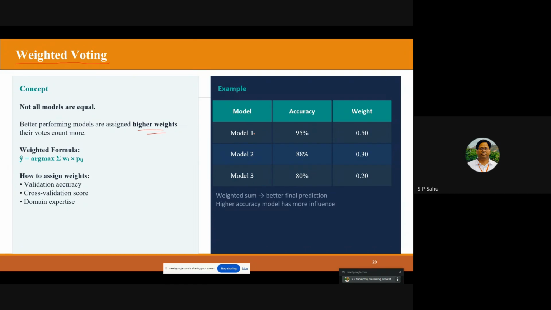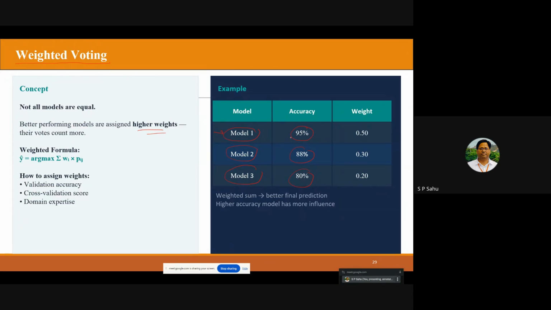For example, model 1 has given accuracy of 95%, model 2 has given 88%, and model 3 has given 80%. As we have seen that it is a good model for the given data, a weighted voting scheme may also be applied.